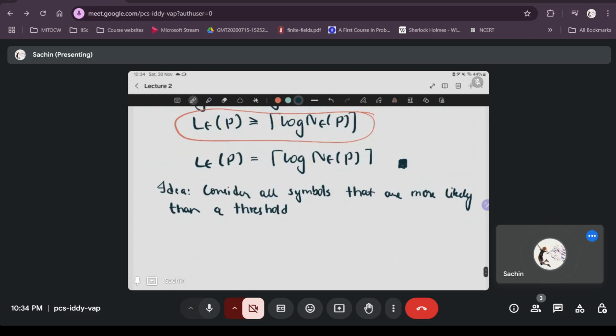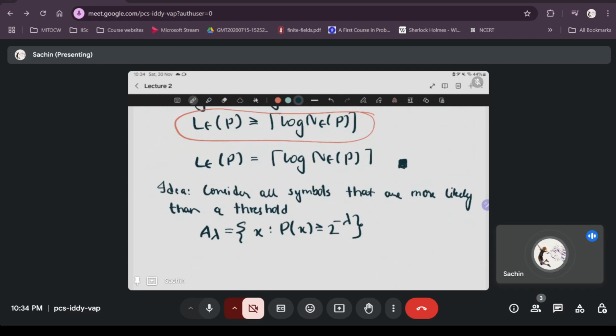And this threshold is this way. You consider the set A lambda, which is the set of all outcomes such that the probability of each outcome is greater than or equal to 2 power minus lambda.